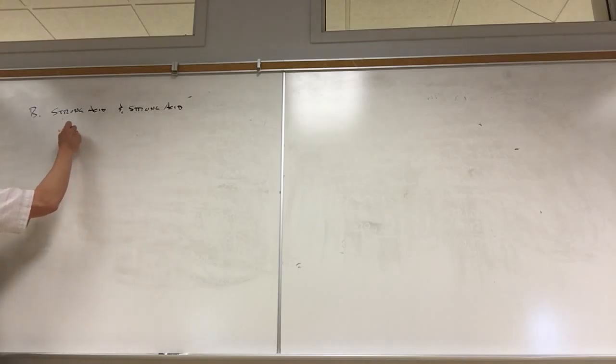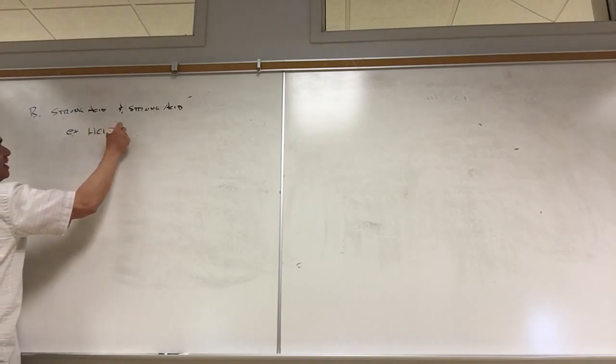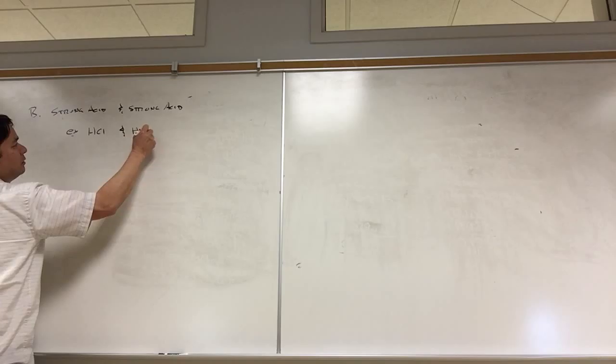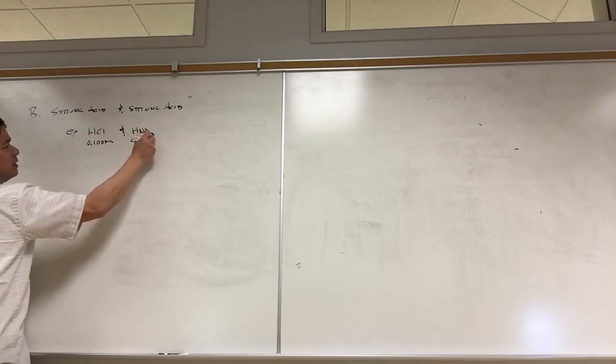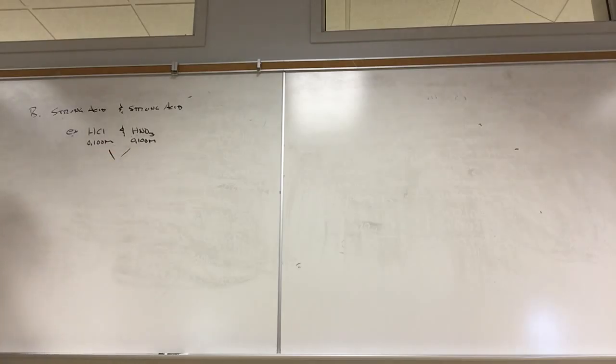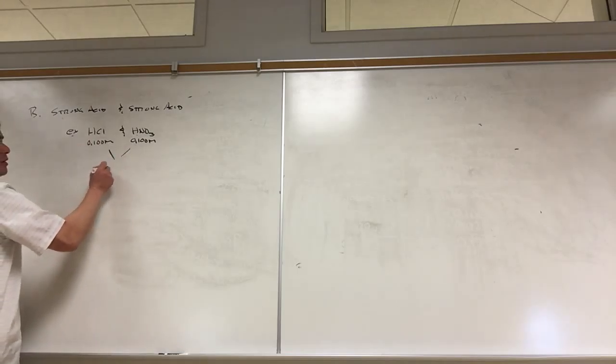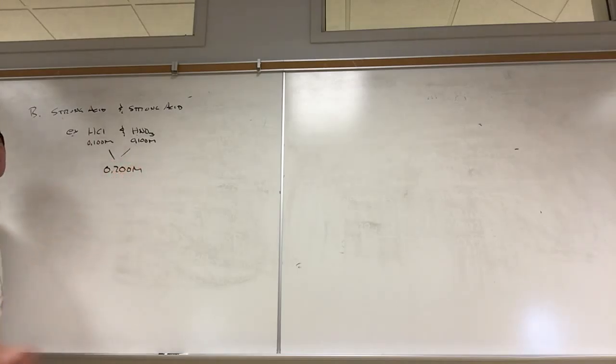And so, for example, if I had HCl and HNO3, let's say 0.100 molar and 0.100 molar. Both of these are in the same beaker and they're both at 0.100 molar. Then the total hydronium is easy, because these don't perturb each other, so it's just going to be like Chem 1A, 0.200 molar. Right? Good.